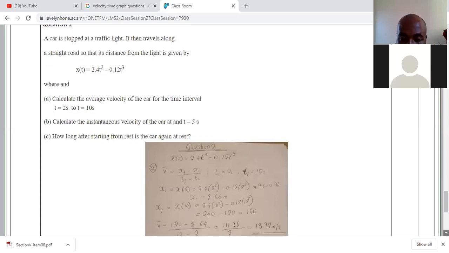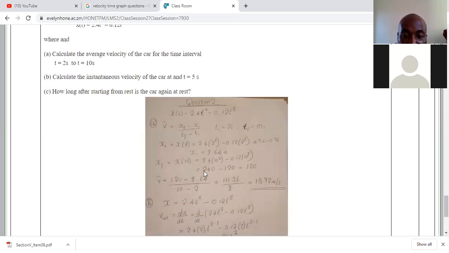Then for the final, you do again the same. You substitute now the 10, because that's the final time. So 2.4 times 10 squared, minus 0.12 times 10 to the power 3. Then you get 240 minus 120, which is 120.